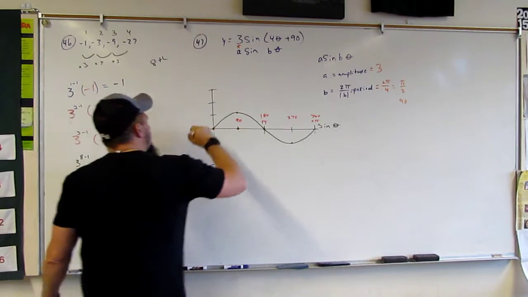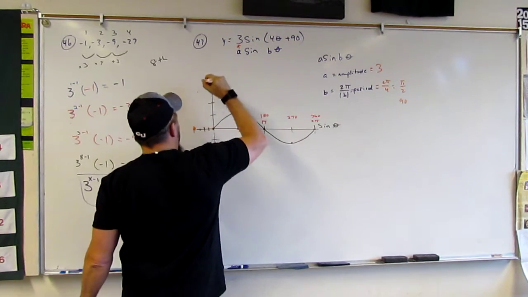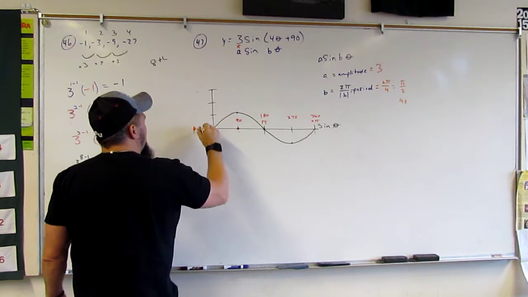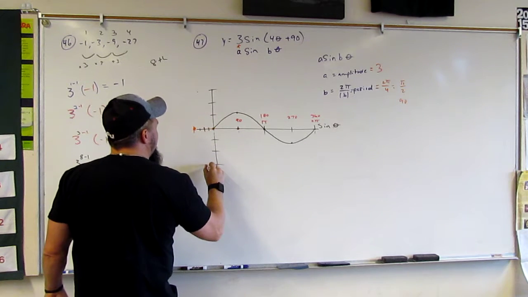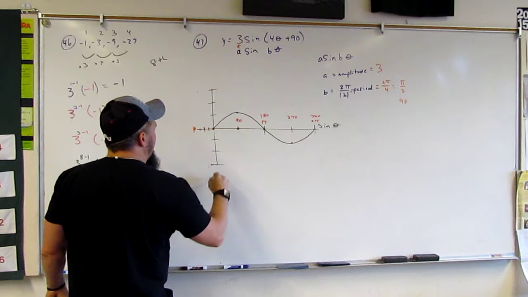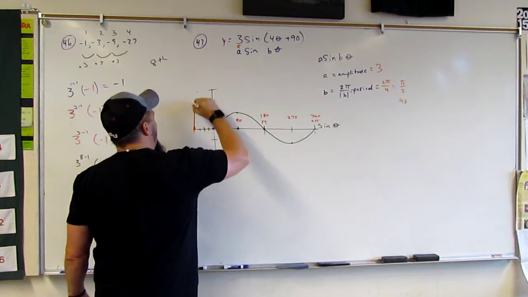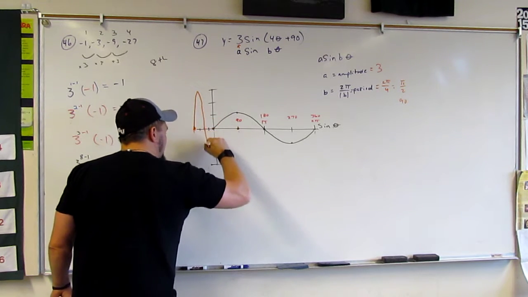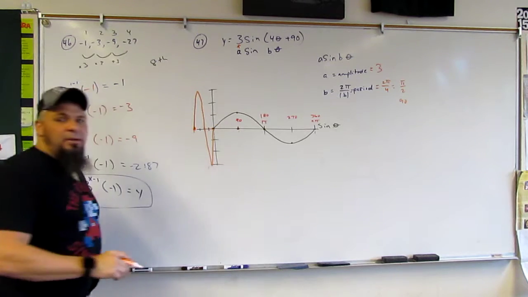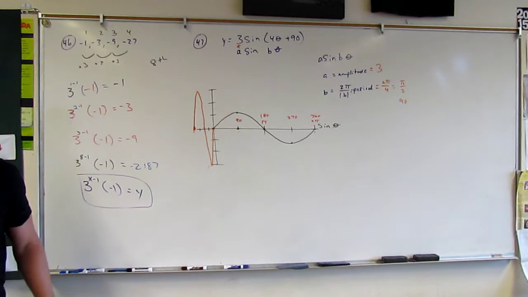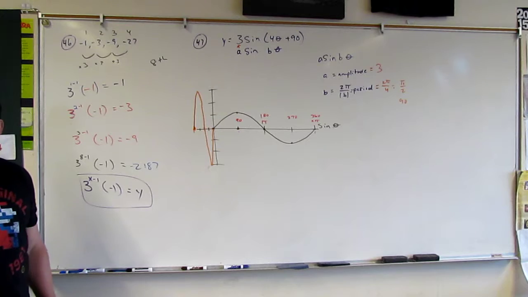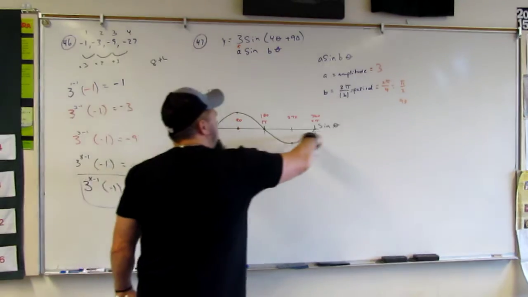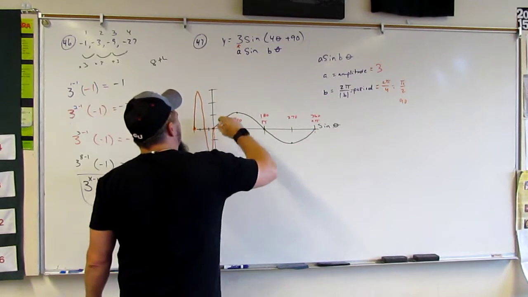It's going to go up to here, go through here, and come down to here, right? And it's going to come back to there. So it's going to go up, down, back up. Okay? And that's shifted 90 degrees. And then it's just going to continue doing that all the way to 2 pi.